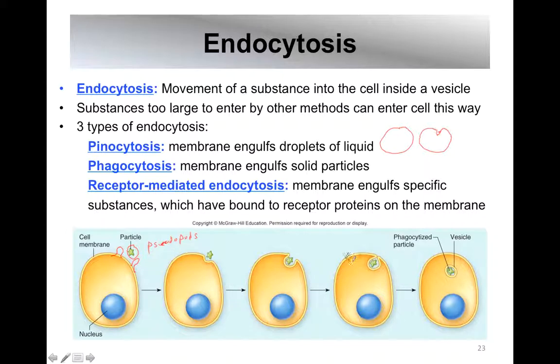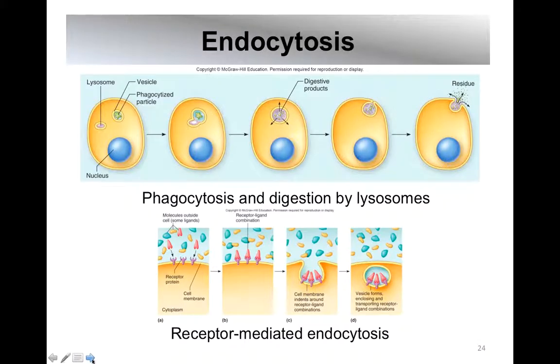Eventually the pseudopods close around each other and form the vesicle. Now a lysosome can come along and combine with that vesicle and digest the material that's in there.